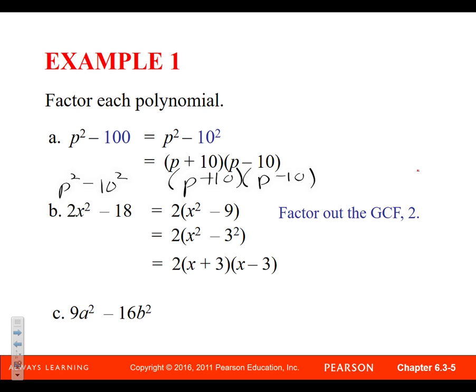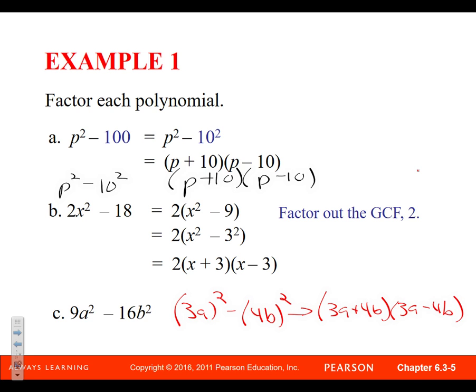So what you really have here is 3a squared minus 4b squared. So when you factor that, it's going to look like this: 3a plus 4b, 3a minus 4b.